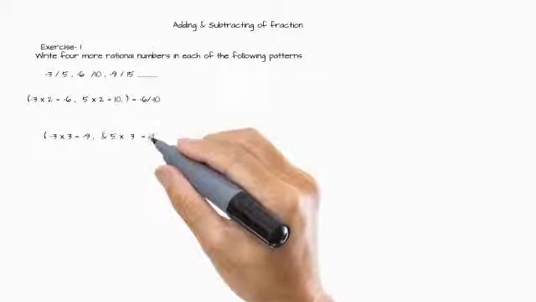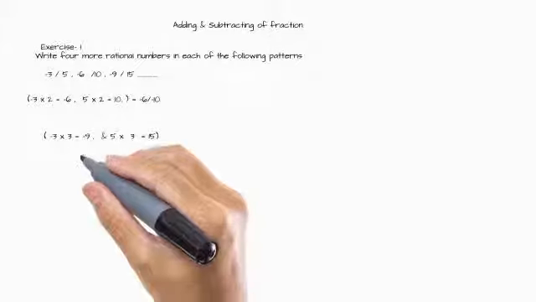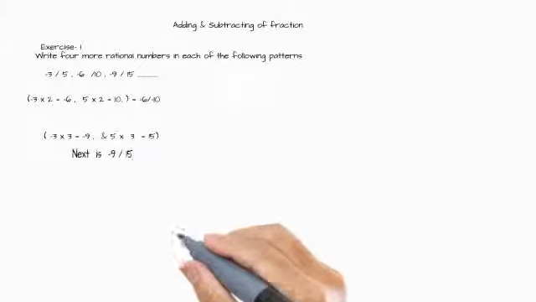Now we got the second fraction. In the same way, multiply by 3 and we get the third fraction. The numerator -3 times 3 equals -9 and denominator 5 times 3 equals 15. The next fraction is -9/15. Here we observe that the multiplication by 2 and 3 is coming continuously.